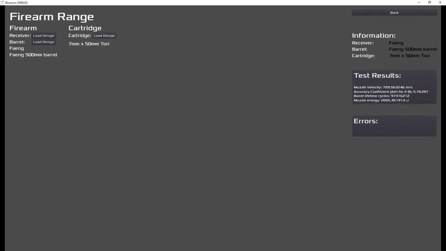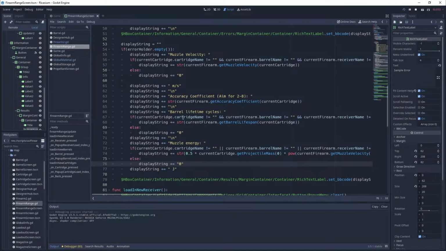Yeah, I forgot it's called the Tory. The Tory. I don't know why that's funny. But here, muzzle energy. So barrel lifetime cycles. So what I'm thinking of having it is on row number 3. I think it would be the most aesthetic spot to have it. So let's just execute that.